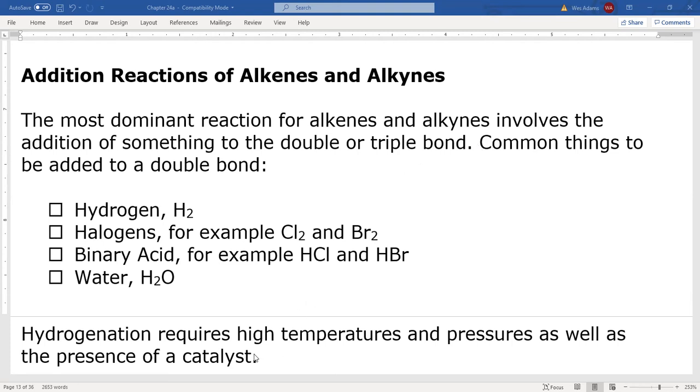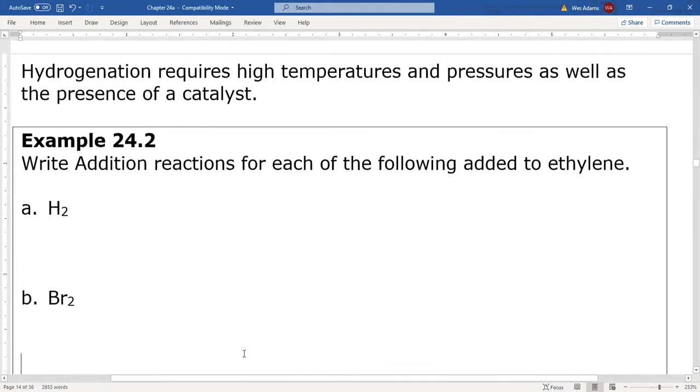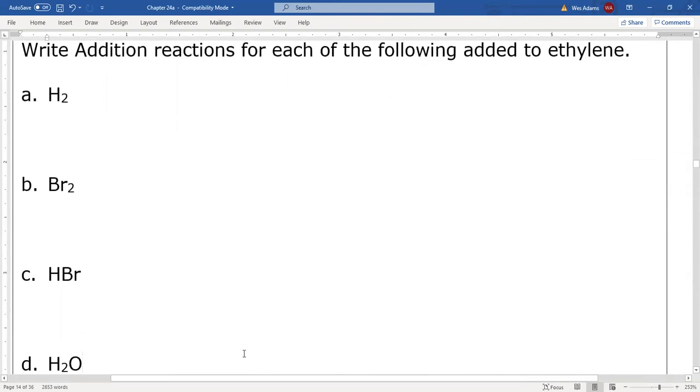Hydrogen usually requires a catalyst, like platinum in particular works well, but nickel and palladium can work as well. And so we're going to do some addition reactions where we add hydrogen, bromine, HBr, and water to ethylene.